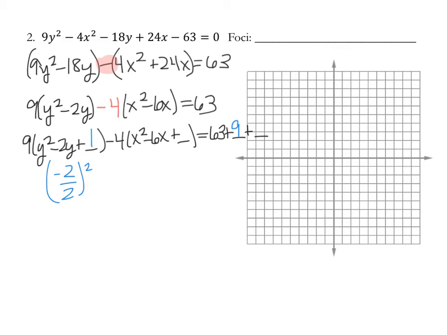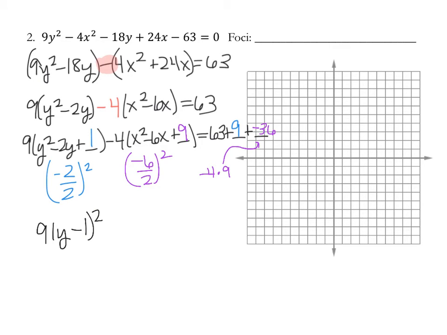And then for the next blank, we're going to do -6 divided by 2 squared. That's -3 squared, which is 9. But in that second blank, I'm going to do -4 times 9, so that's going to be -36 in that second blank. So now if I simplify this down, we have 9 times y minus 1 squared, the square root of y squared is y, the square root of 1 is 1.